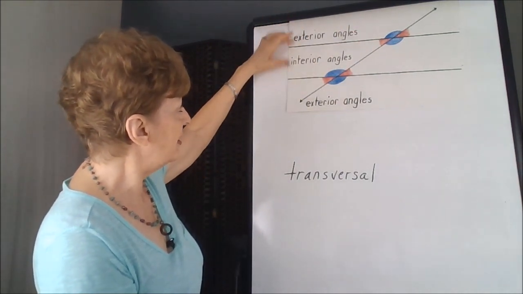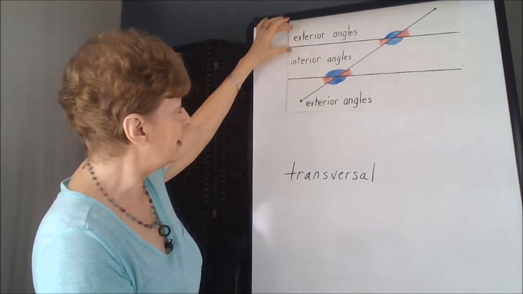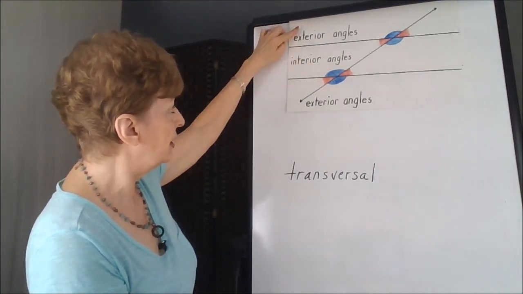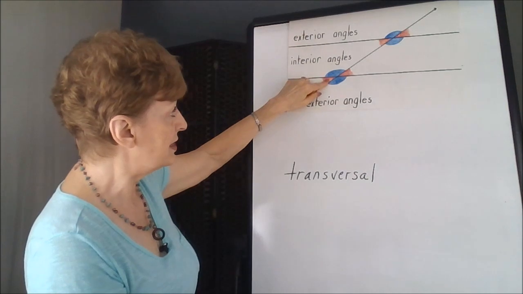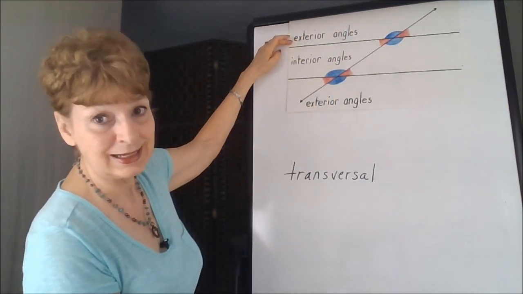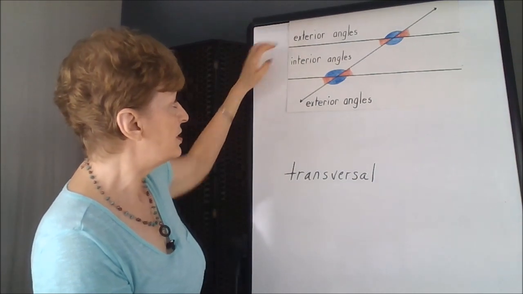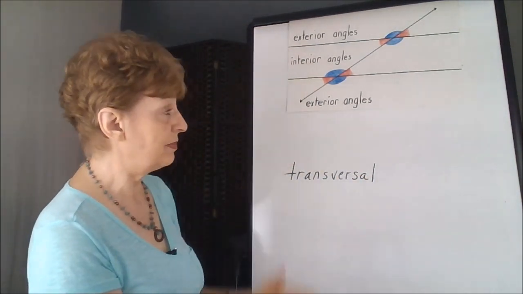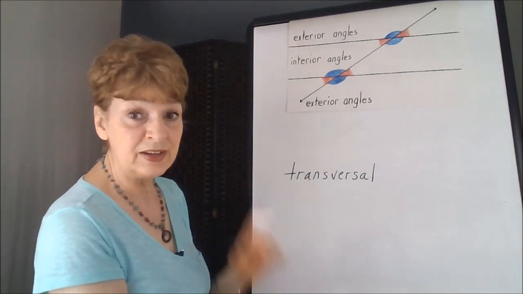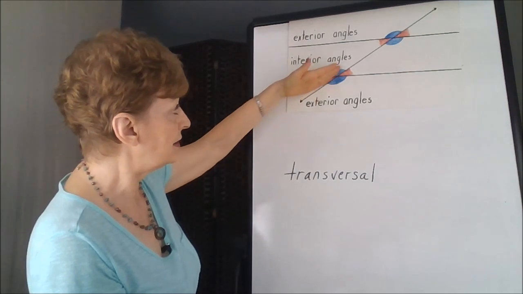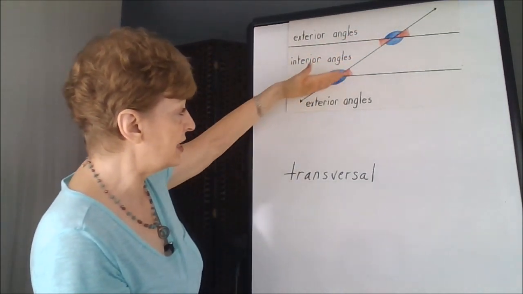The angles that are outside of the two parallel lines are called exterior, and those angles, this one and this one, this one and this one, are known as exterior angles. So when you're looking at this very busy drawing, you're going to be focusing on the two parallel lines cut or intersected by this transversal.